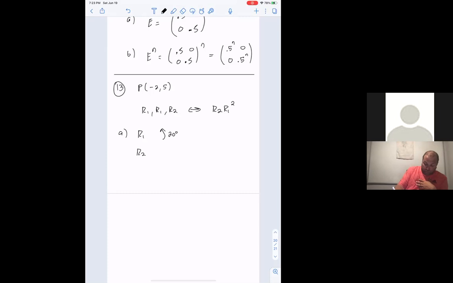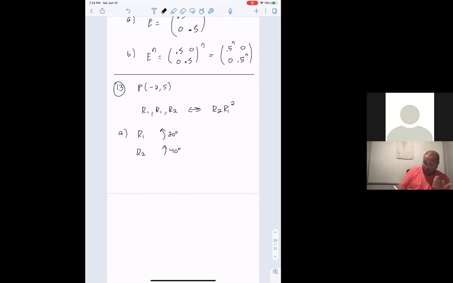And R2 is counterclockwise by 40 degrees. Then where do I end up after doing R1 twice and then R2? Well, because I'm rotating in the same direction, I'm doing 20 and then 20 more and then 40.